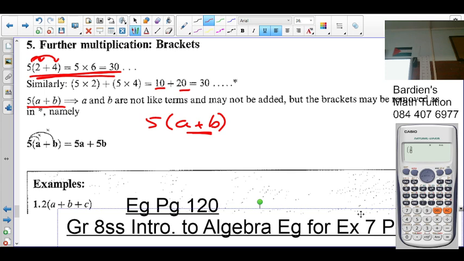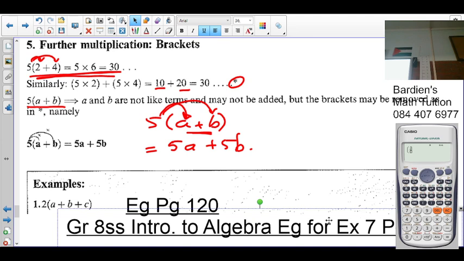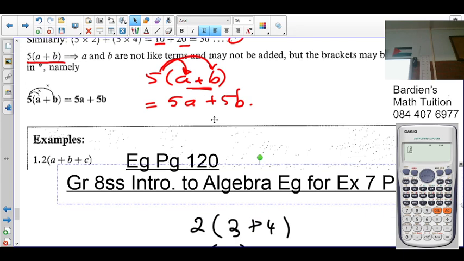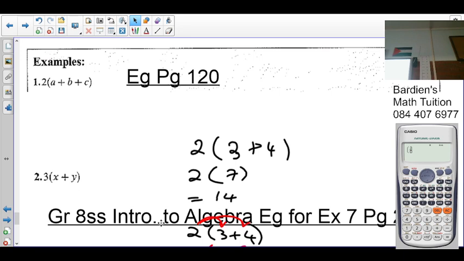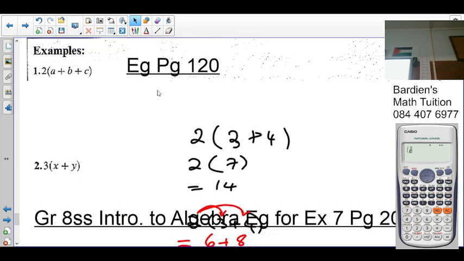But the brackets may be removed: a times 5, or 5 times a, is 5a. What's 5 times b? Okay, you guys understand? Is there any confusion? These are the examples, and this is on page 20.